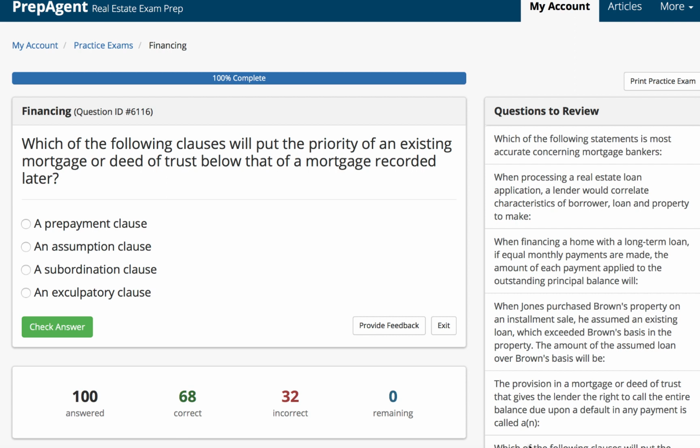Which of the following clauses will put the priority of an existing mortgage or deed of trust below that of a mortgage recorded later? I'm going to say a subordination clause.